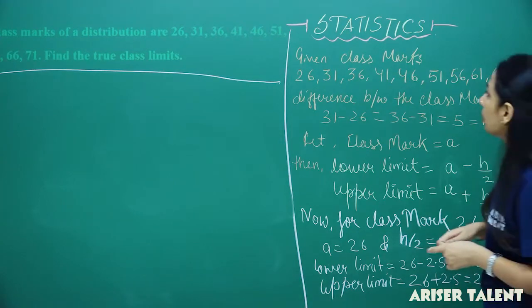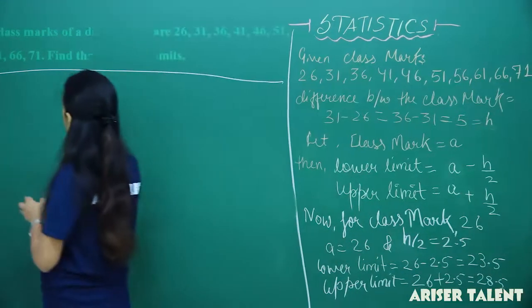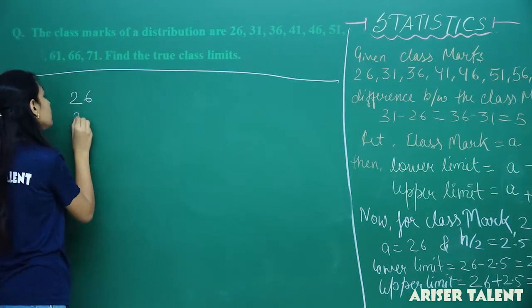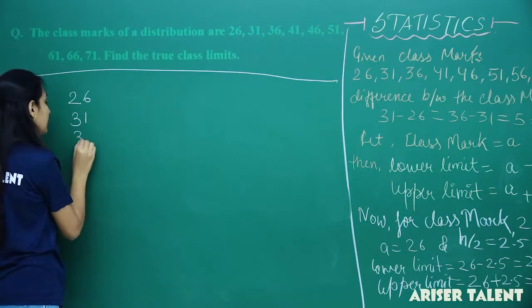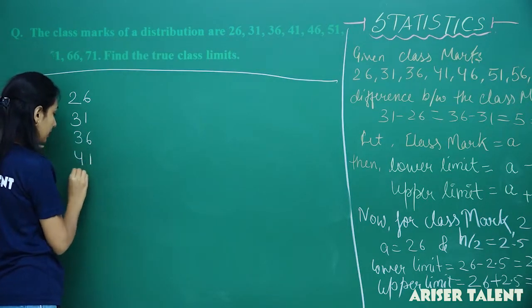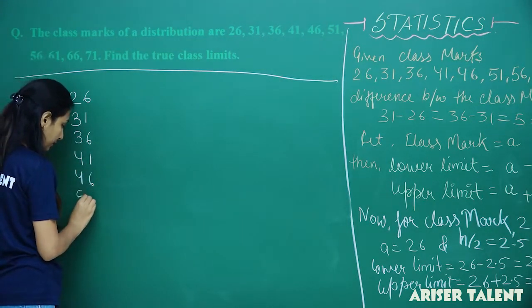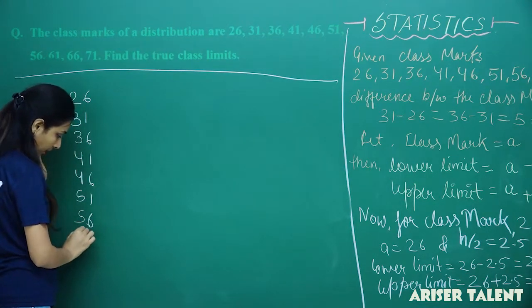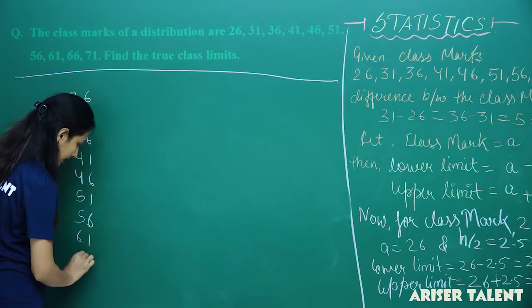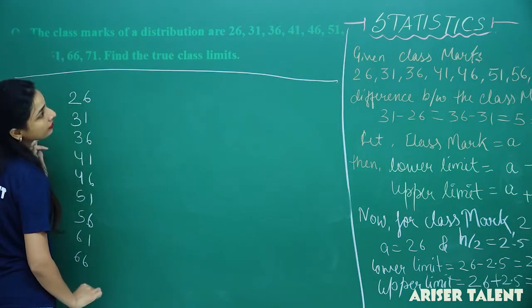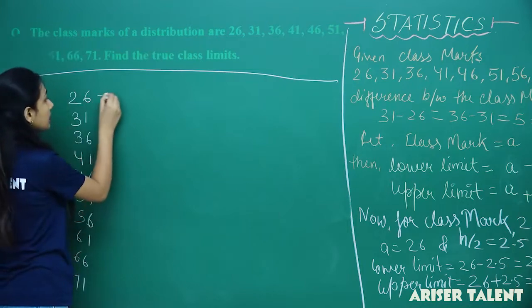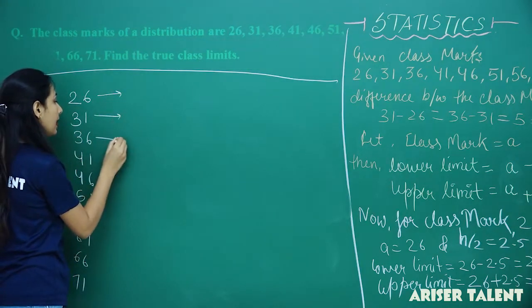Now students, we are making a table for 26. Now 26, then 31, 36, 41, 46, then 51, 56, then 61, 66 and 71 also.